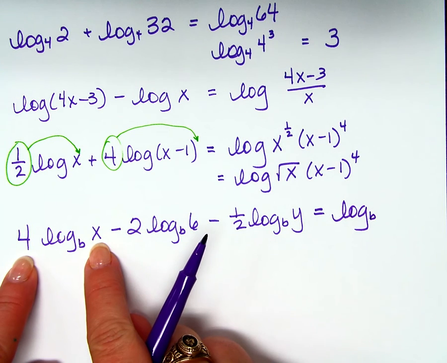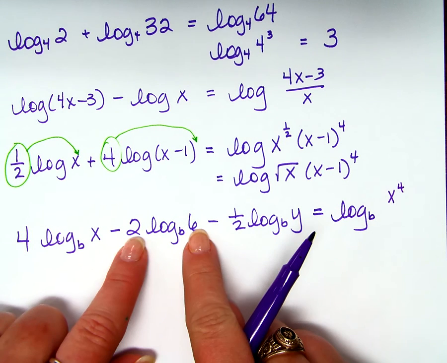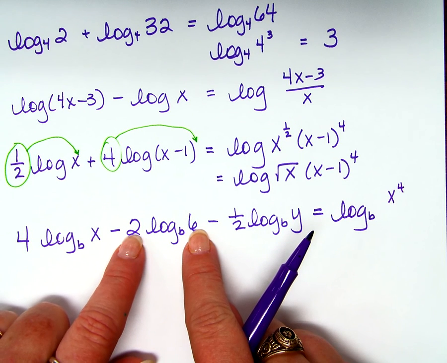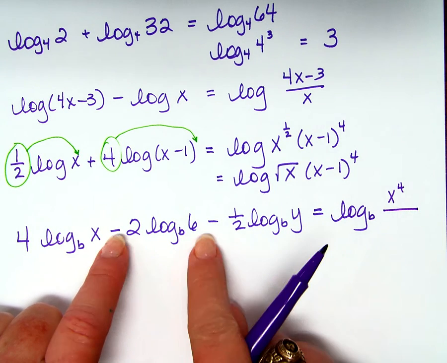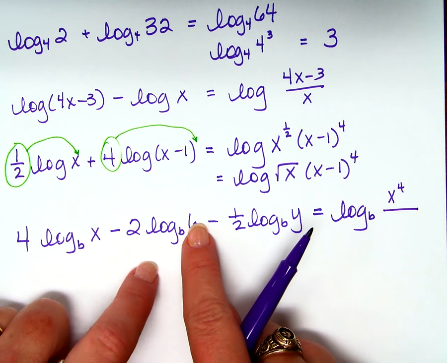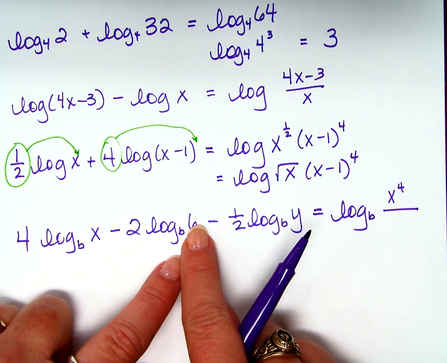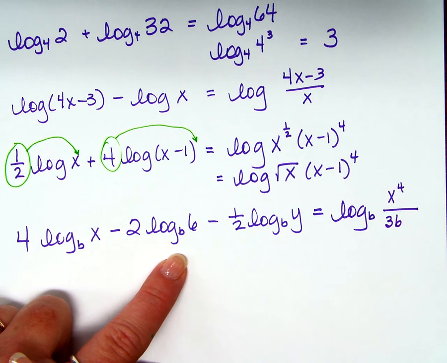What do I do with this? So x to the 4th. What do I do with this? Oh wait, what does this mean? Divide, okay. And what do I do with this? So what is 6 squared? 36, right? It definitely will not want 6 squared.